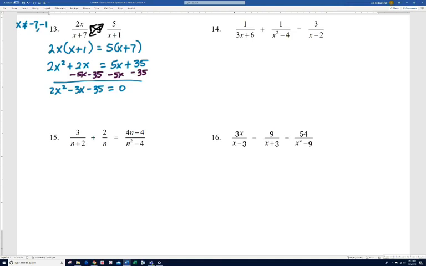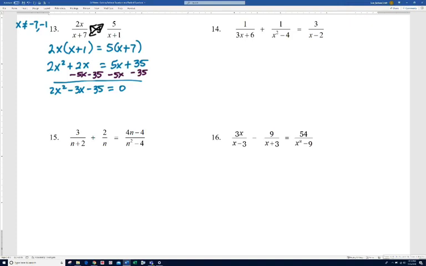So notice we have a trinomial. It's a quadratic equation. Actually, let me correct myself. We have several ways to solve this quadratic equation, but the first thing we want to try is factoring.